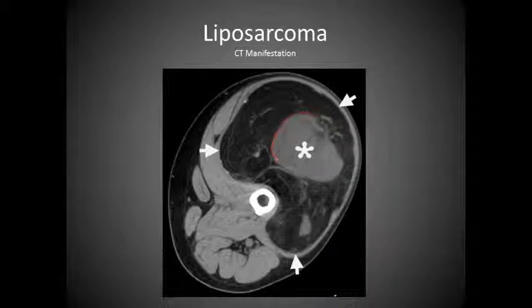So here we have a large, what looks to be somewhat solid mass with a little heterogeneous attenuation inside of it. But notice that we have this entire area. So we would define that this is the entire area, and we have what looks to be fat with a mass on the inside of it, and it's kind of fat interspersed in this mass.